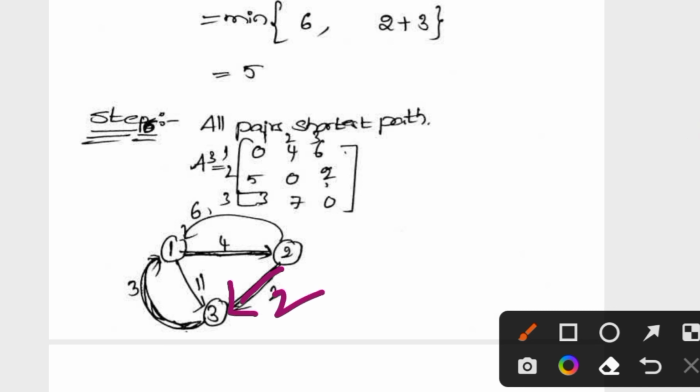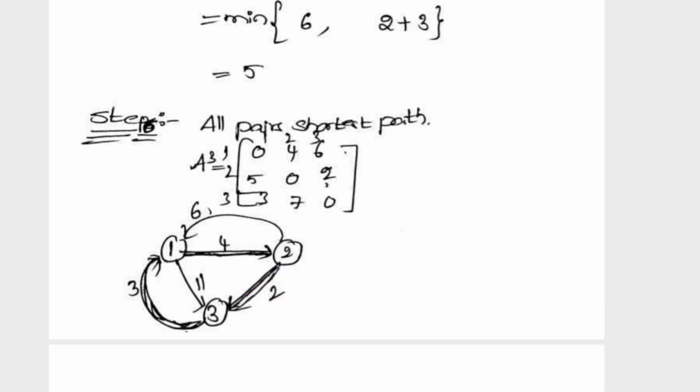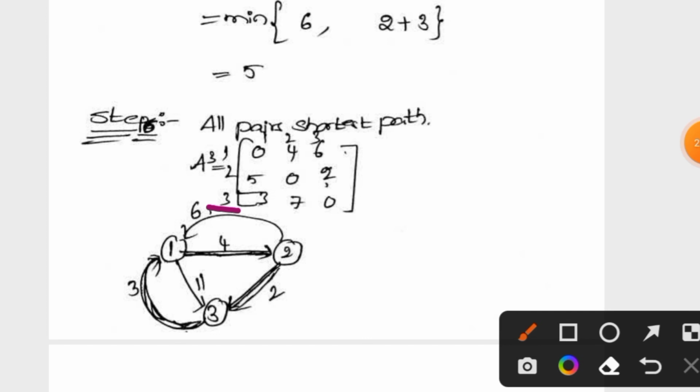Next we take the next row, that is 3. See here, 3 comma 1: from 3 we have one path, and the minimum should be 3. Next one, 3 comma 2 should be 7. From 3, that is completed.